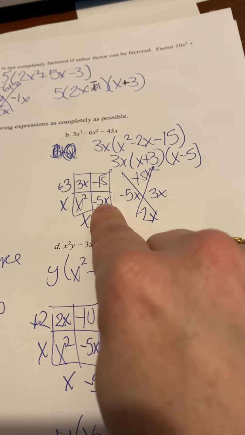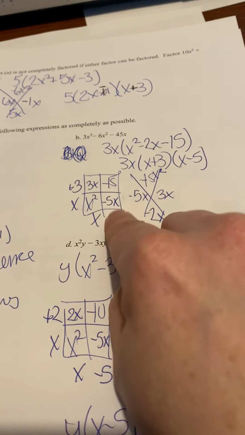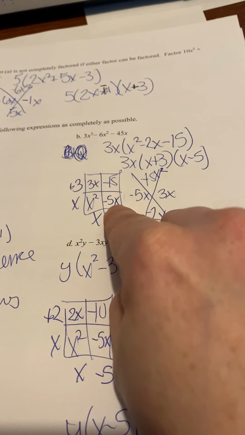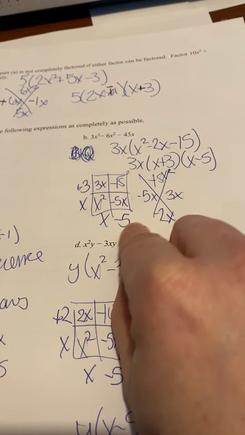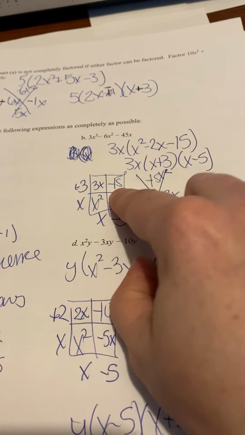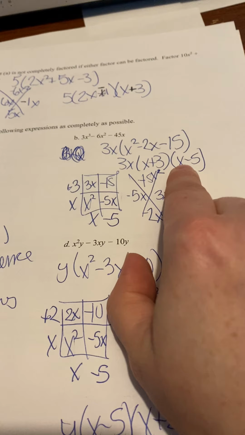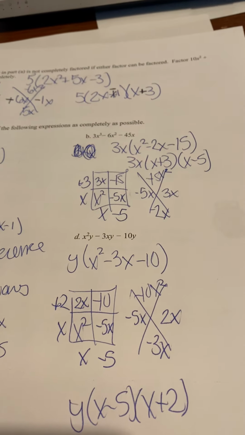Put your 3x, negative 5x: x times 3 gives you 3x, x times negative 5 gives you negative 5x, and then double check, negative 5 times 3 is a negative 15. So 3x times x plus 3 times x minus 5. That would be completely factored.